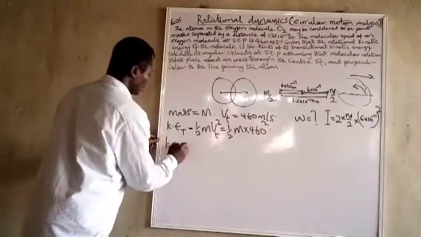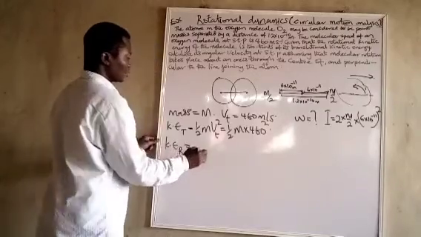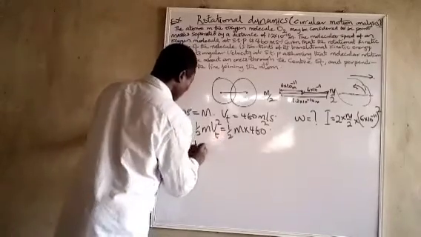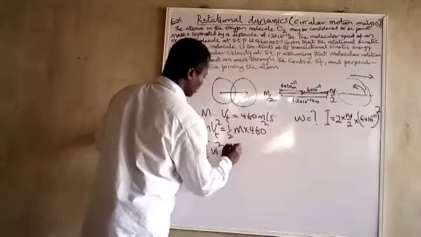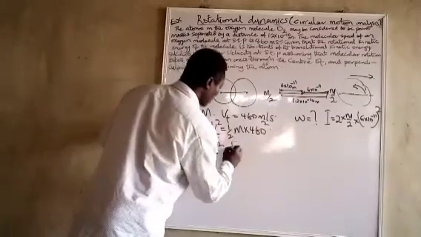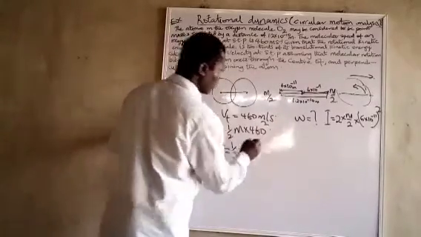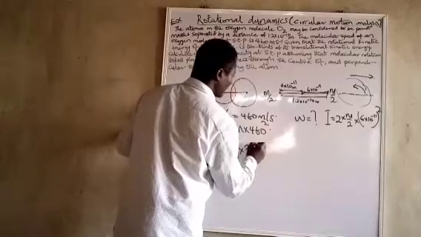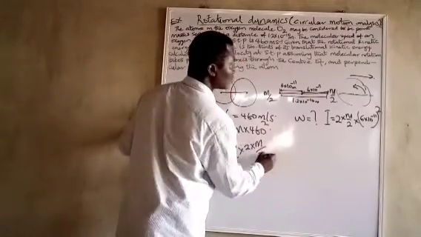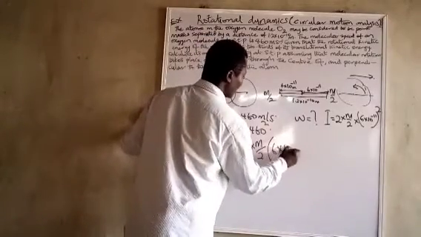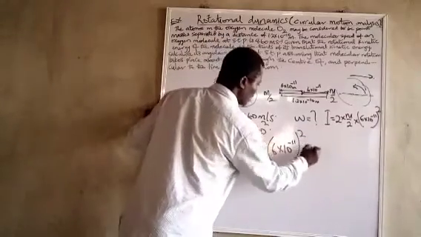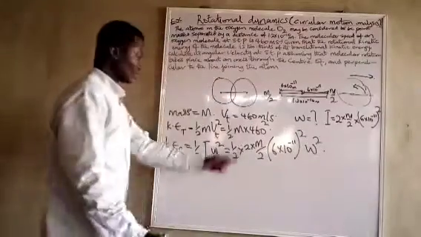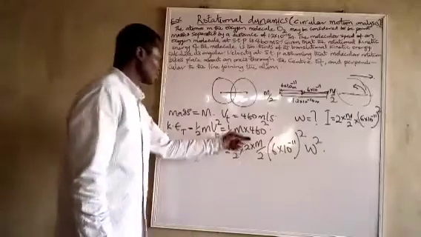Rotational kinetic energy is equal to half I omega squared, which is half times 2 times m/2 into 6 times 10 raised to the power minus 11 all squared, omega squared. And we are told that this one is 2/3 of this.